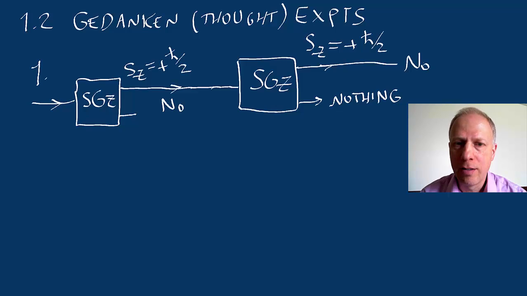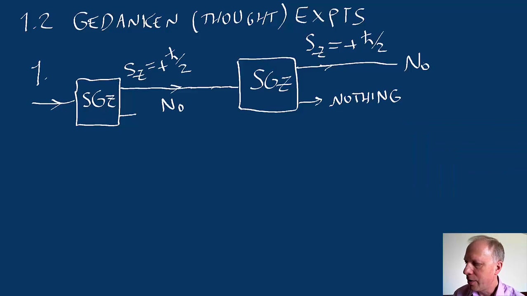That's not weird if you've determined that the z component of spin of an atom is plus h bar over 2 after the first measurement, and you measure again. It's reasonable that you would get the same result on the second measurement.